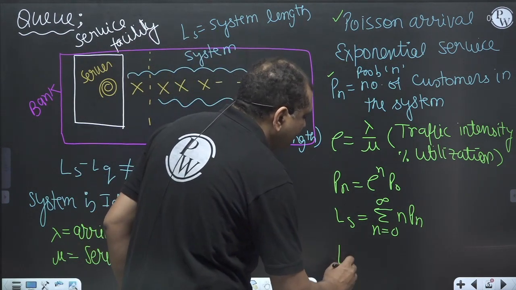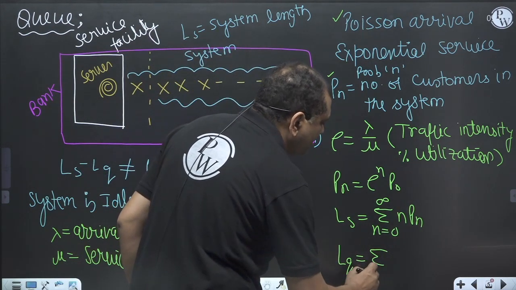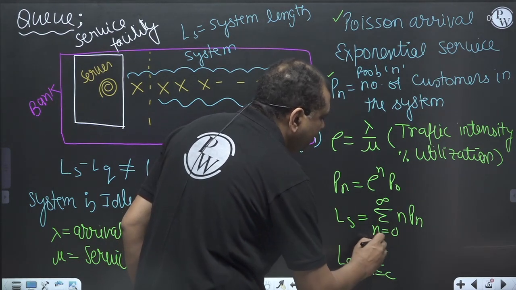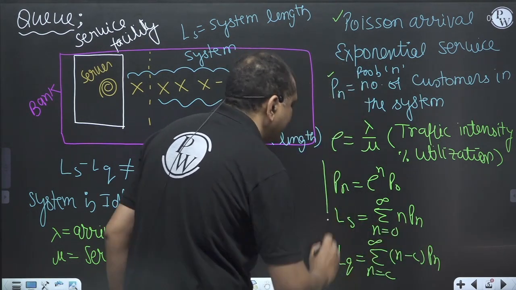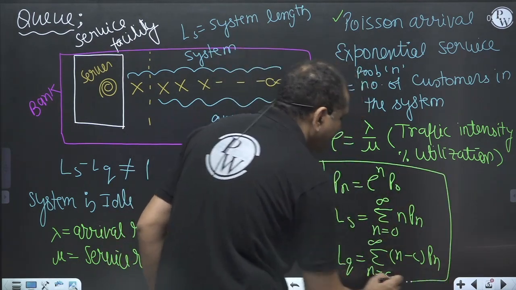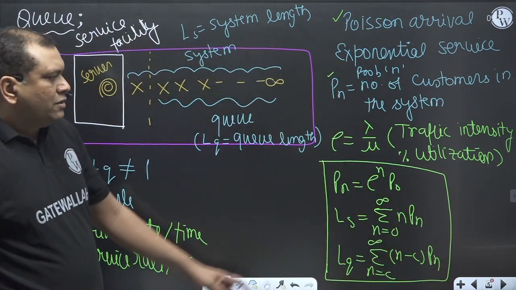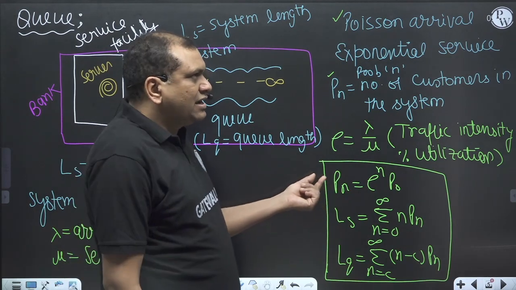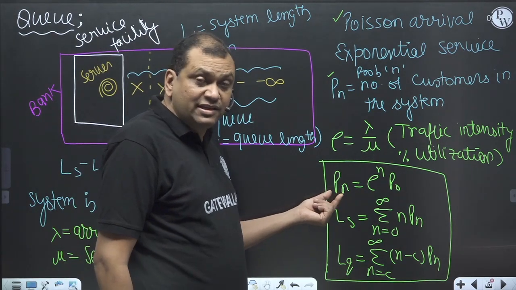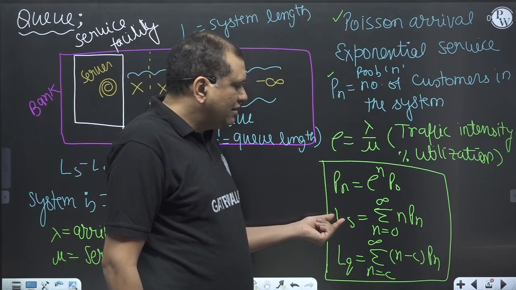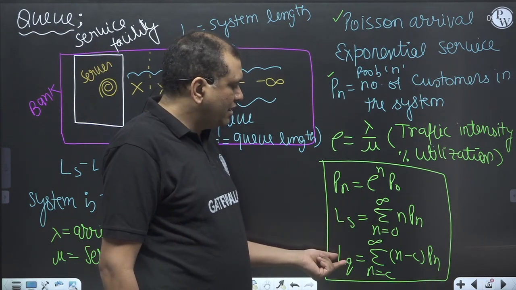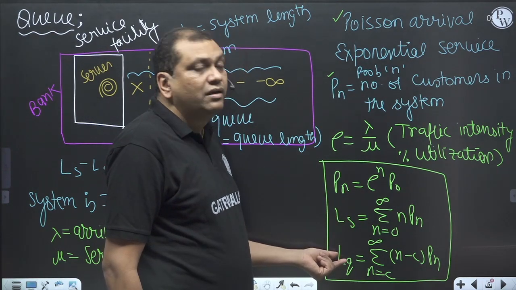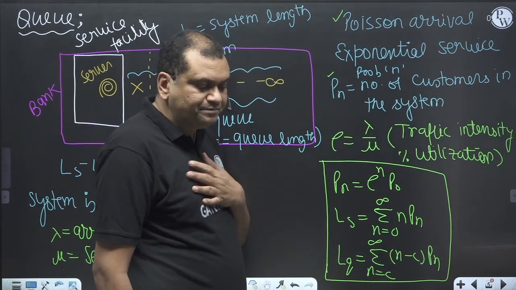And length of Q will be summation n from C to infinity (n minus C) Pn. Ls is the average system length and Lq is the average Q length.